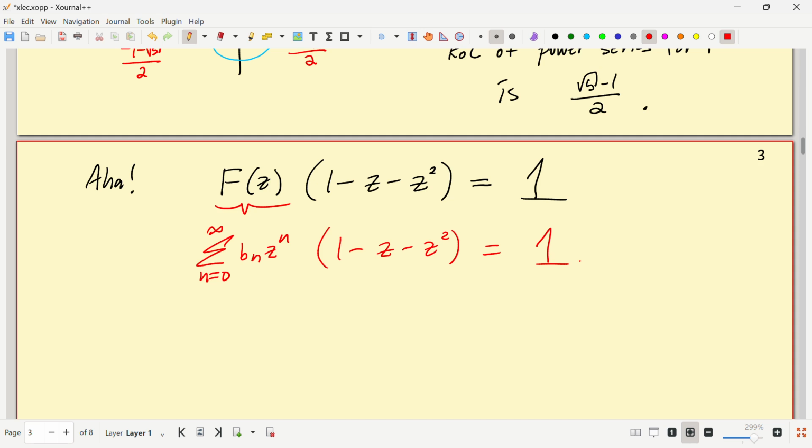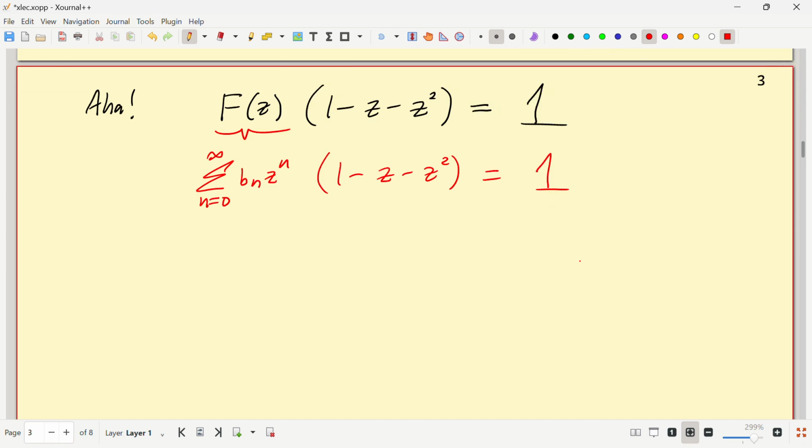Write that out. You see that the b_n satisfy the Fibonacci recursion formula.